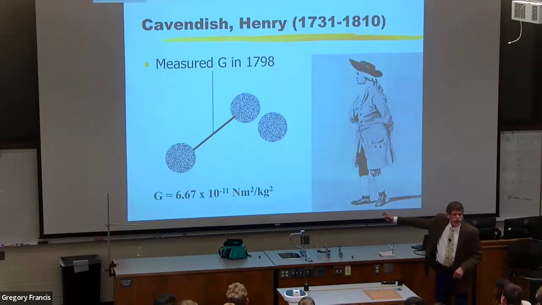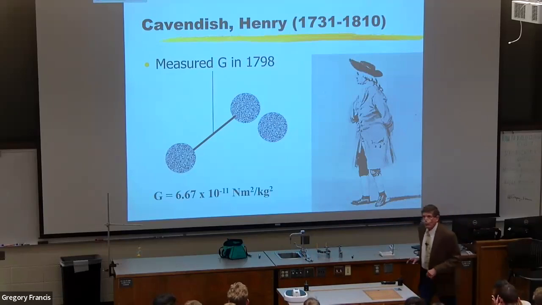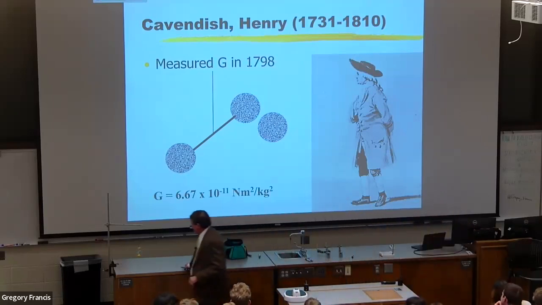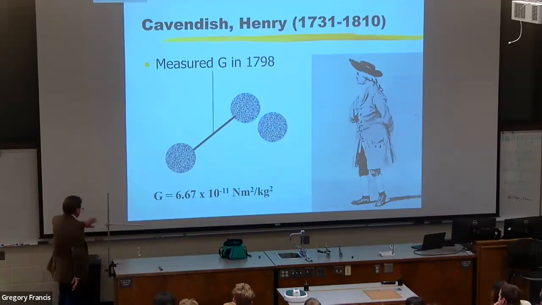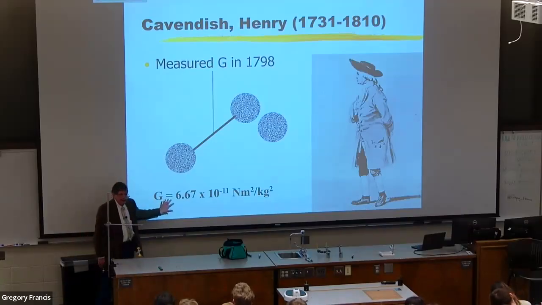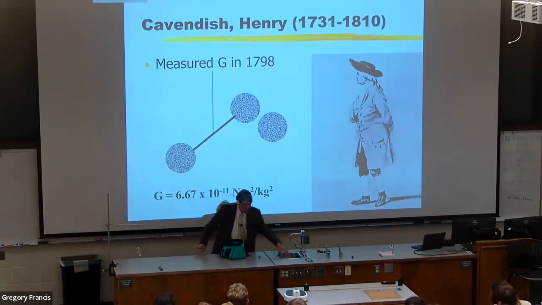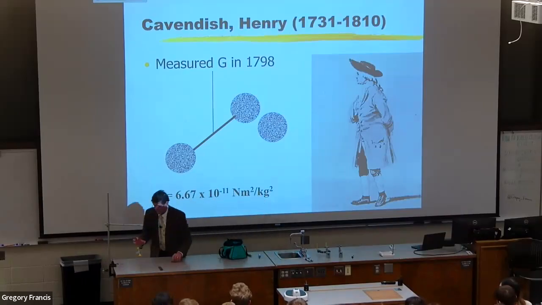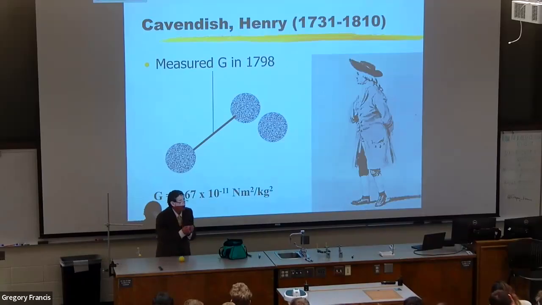Well, with that wire that he was studying, he was able to find the value of that gravitational constant. And this is how he did it. He set up a dumbbell system with great big granite balls on the end of a bar, and he hung that from one of his wires that he had spent his life studying.